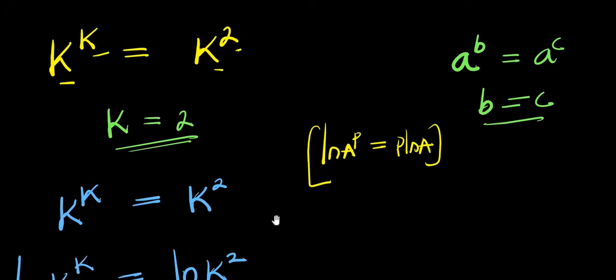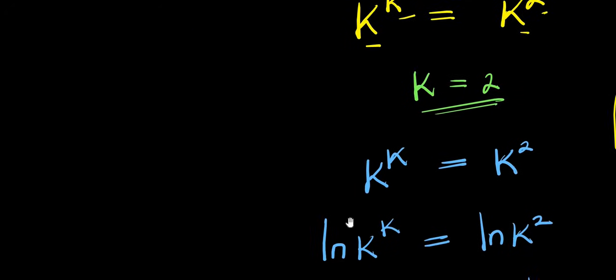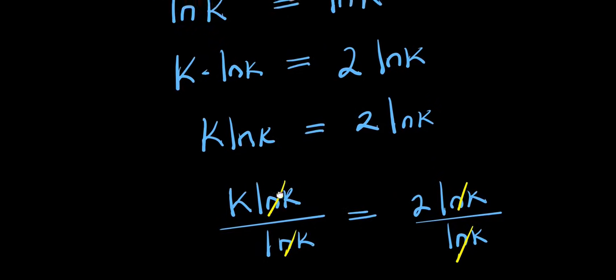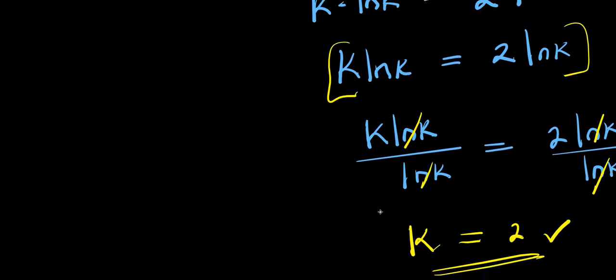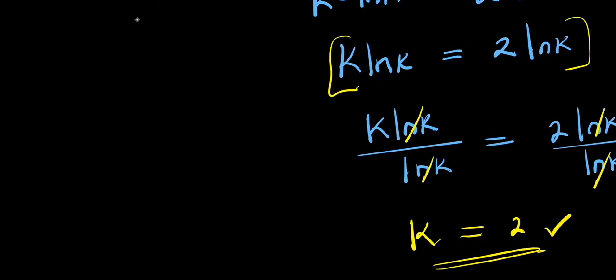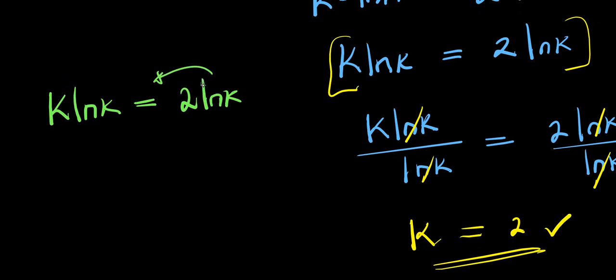Now, to achieve that, let's pick it up from here. We have k times natural log k equals 2 times natural log k. So the next step will be to move this over here to form an equation.